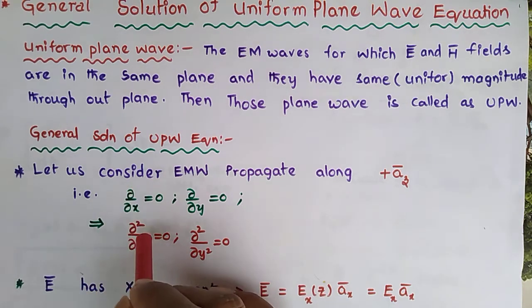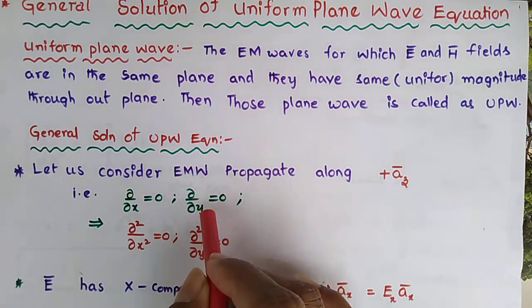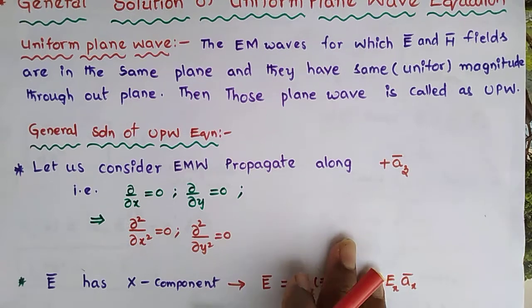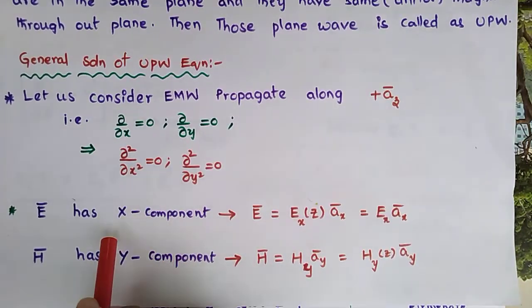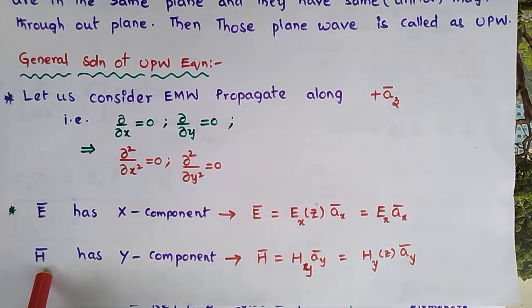That implies ∂²/∂x² equals 0, ∂²/∂y² equals 0. And I am also considering my electric field is in the x direction and the magnetic field is in the y direction.